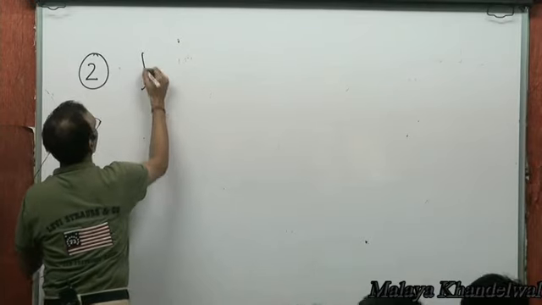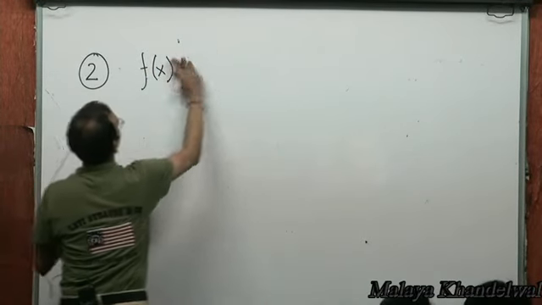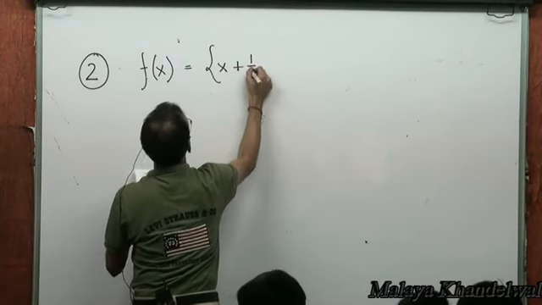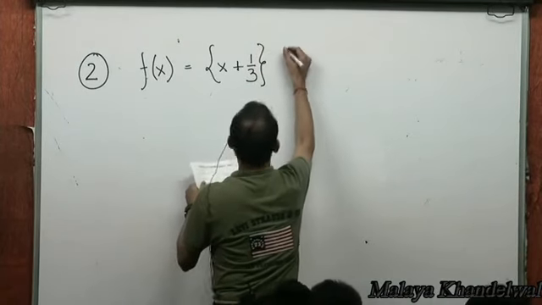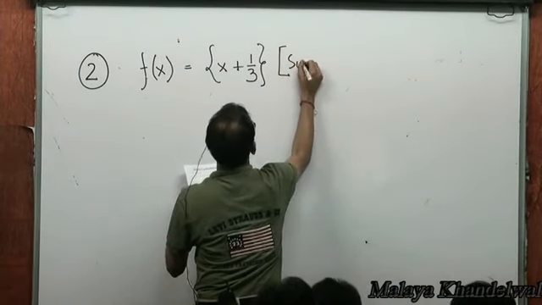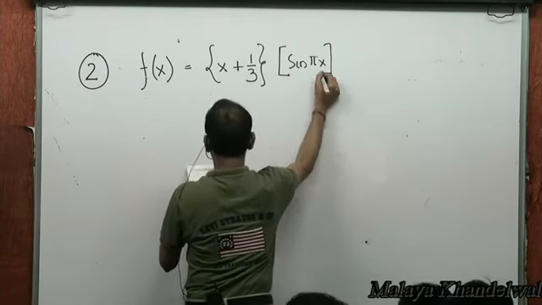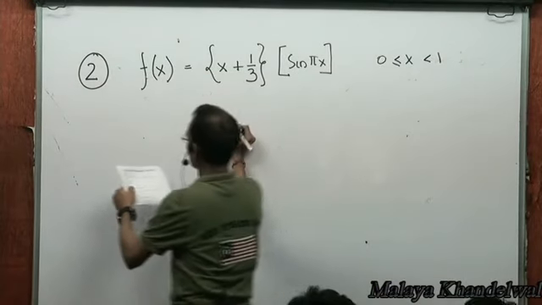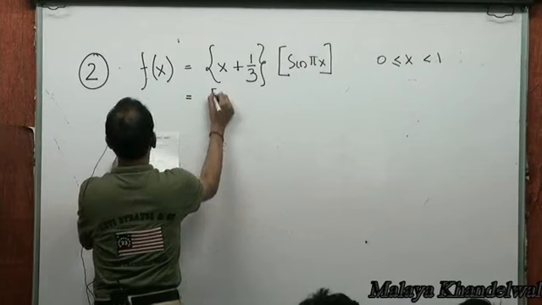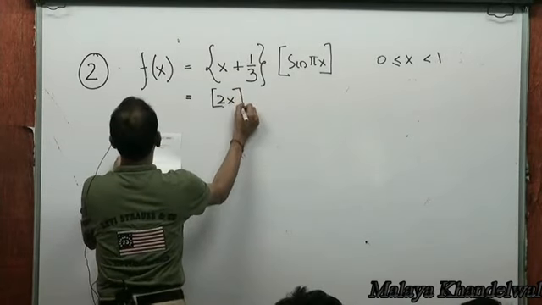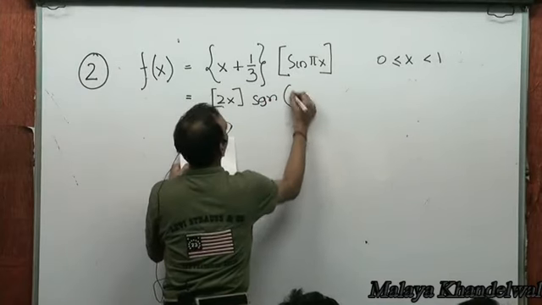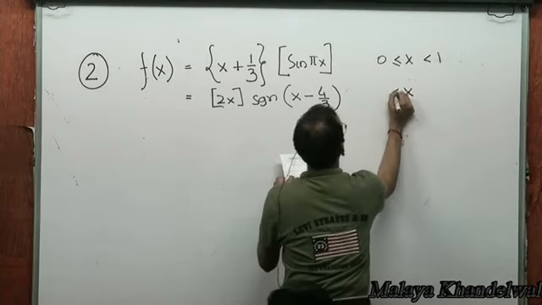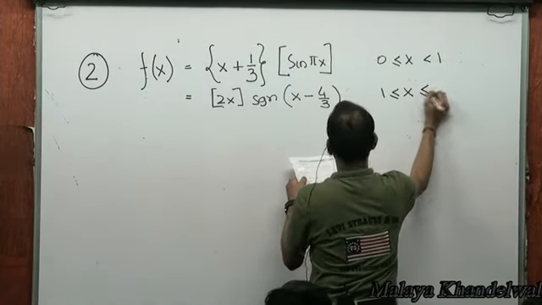f(x) is defined as fractional part of x plus 1/3 box of sine pi x, for x greater than or equal to 0 but less than 1, and is defined as box of 2x signum of x minus 4/3 for x greater than or equal to 1 but less than or equal to 2.